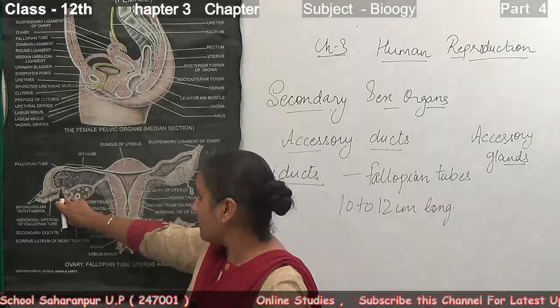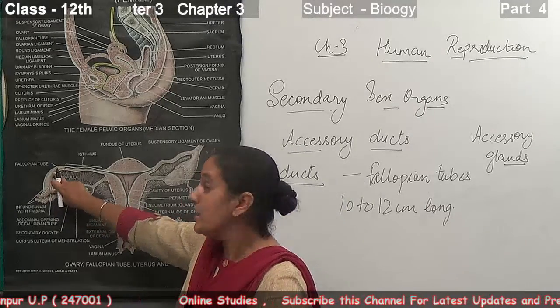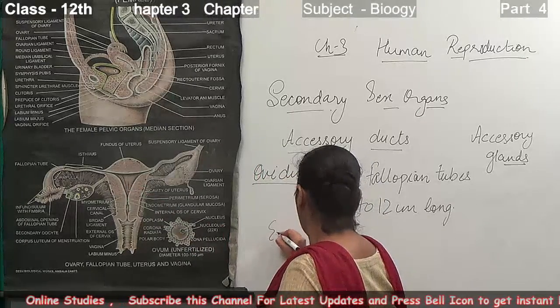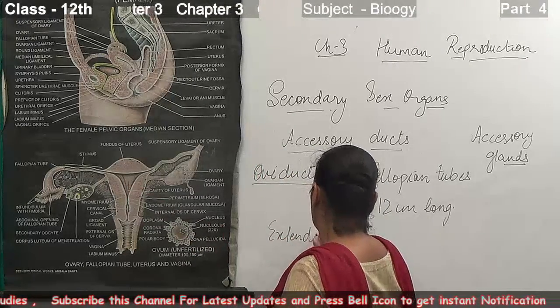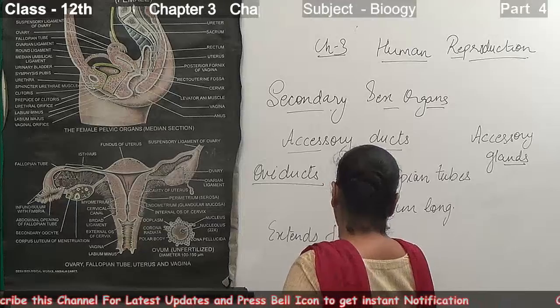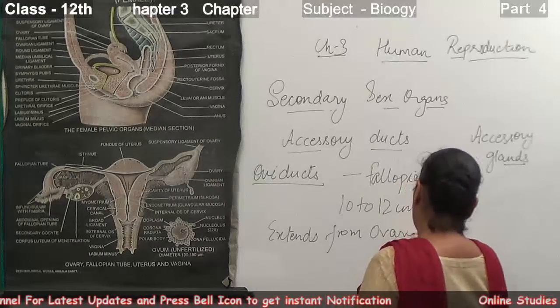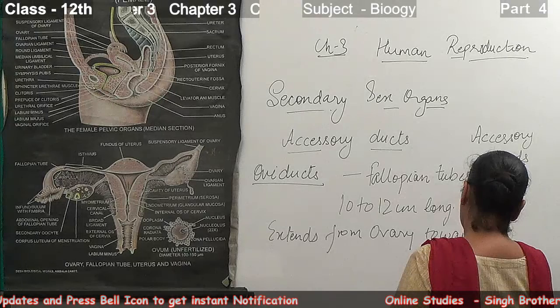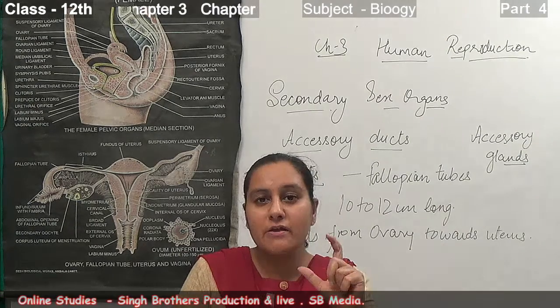They extend from the ovary, starting from here, and move to the uterus, towards the uterus, right? The part of the oviduct lying towards the ovary is funnel shaped.